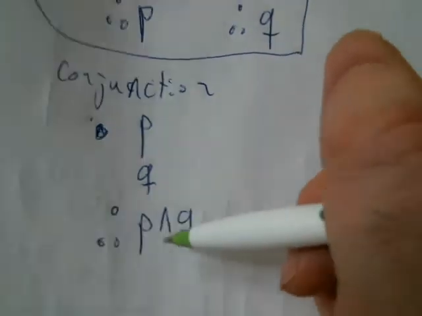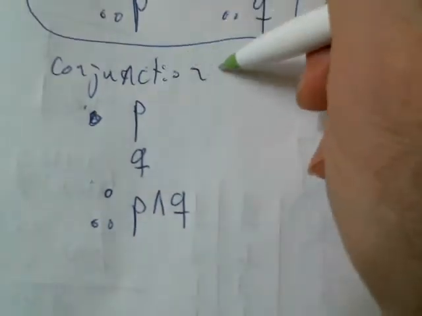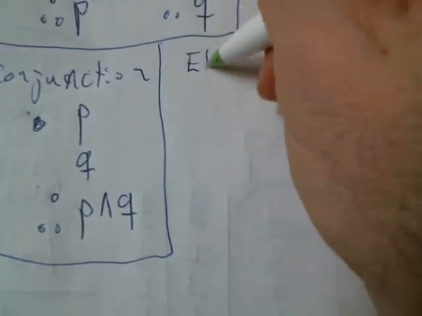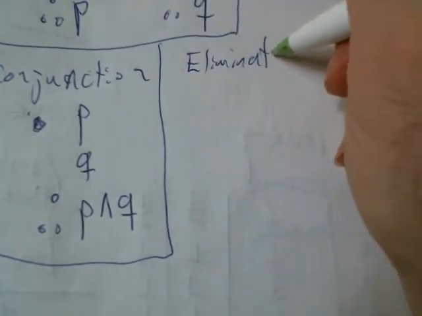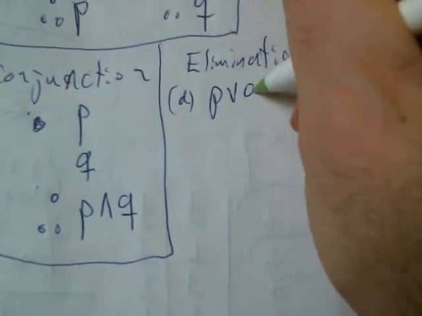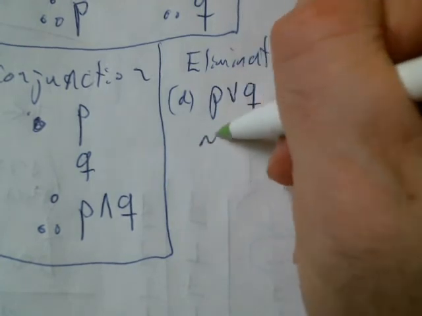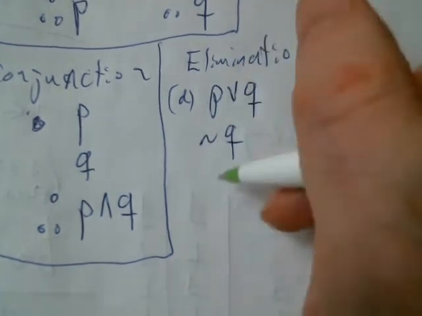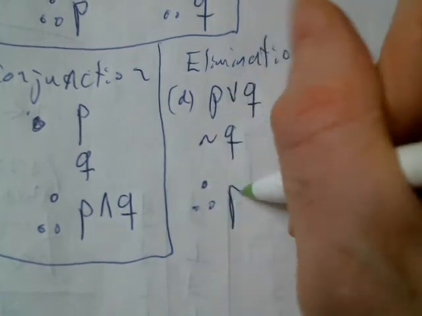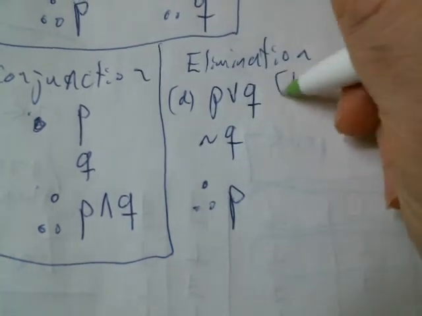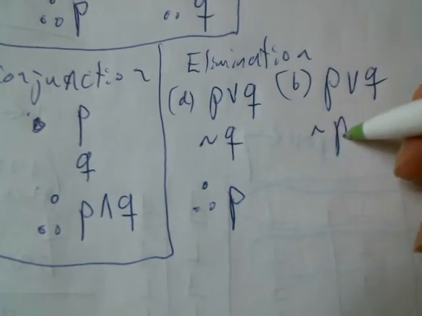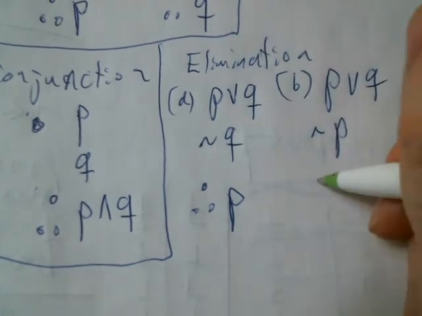Well, this is going to be true because both of them are true. Elimination. If you have P or Q, and then somebody tells you that Q is not true, for this thing to be true, P has to be true. So you conclude, therefore, P. And likewise, if you have P or Q, and then somebody tells you P is not true, it must be the case that Q is true.